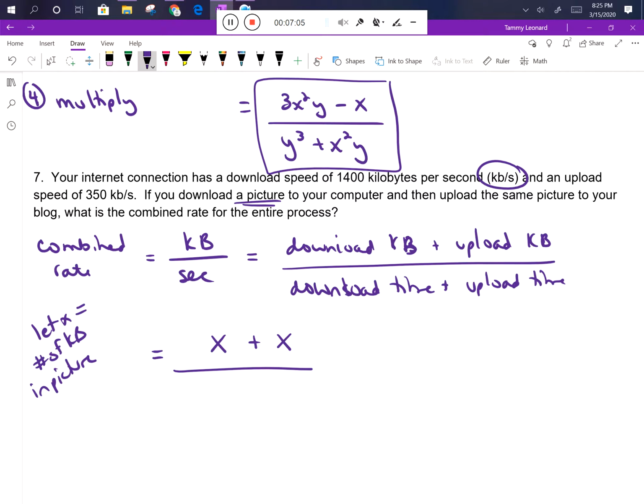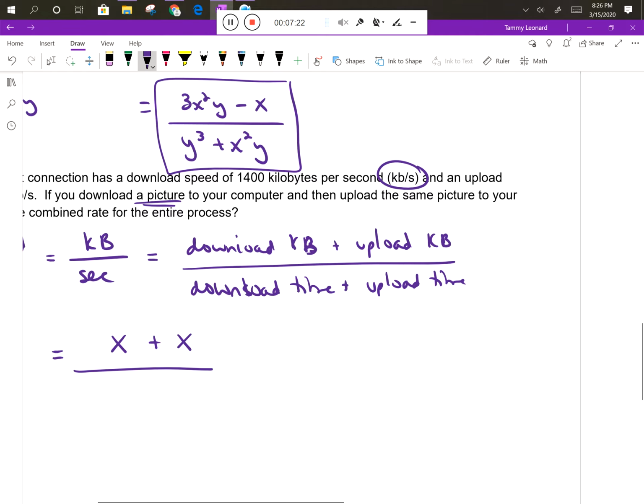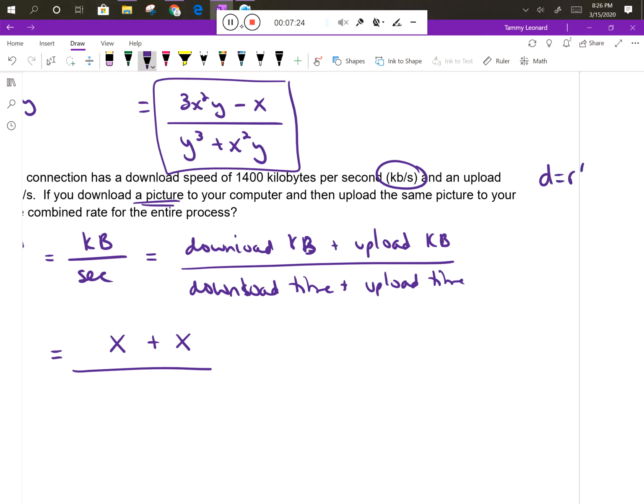Now in the denominator, we need to think about how long this is going to take. Well, they didn't tell us that. Instead, they told us something about the rate. It's kind of like a distance equals rate times time scenario. If you divide both sides by the rate, you find out how long it takes to do something.